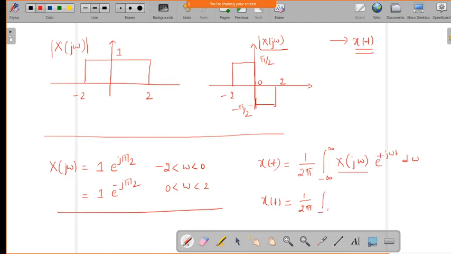Integral from minus infinity to plus infinity, so for x of j omega, substitute: integration from -2 to 0 of 1 into e power j pi by 2 into e power j omega t into d omega, plus integration from 0 to 2 of 1 into e power minus j pi by 2 into e power j omega t into d omega. Try to do it.